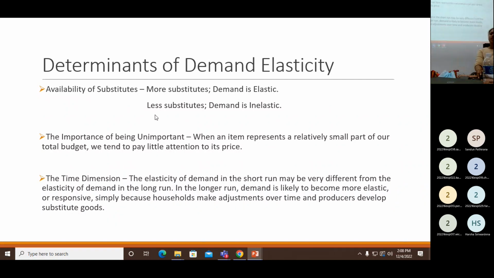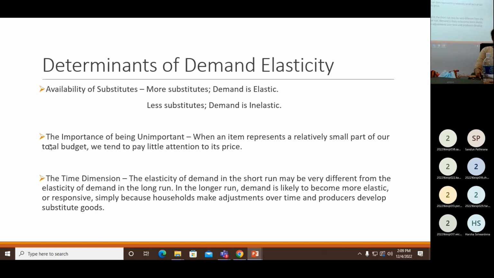But if there are no close substitutes, then even though the price slightly increases, you tend to cling on to it for a while because you don't have other options to move to. So then demand will be inelastic. So based on the availability of substitutes, demand can be elastic or inelastic.